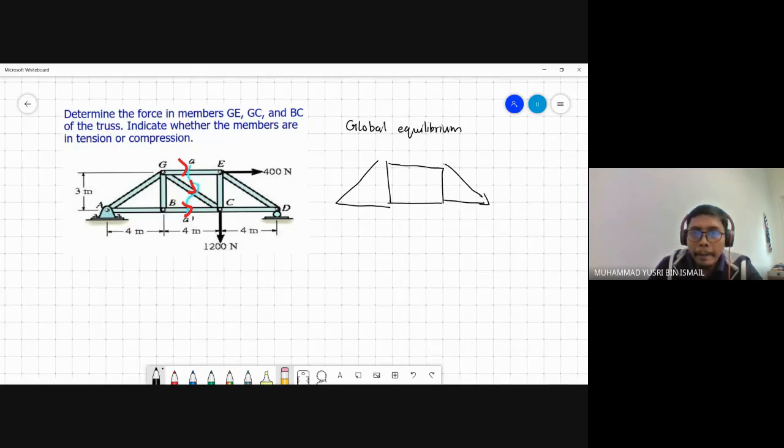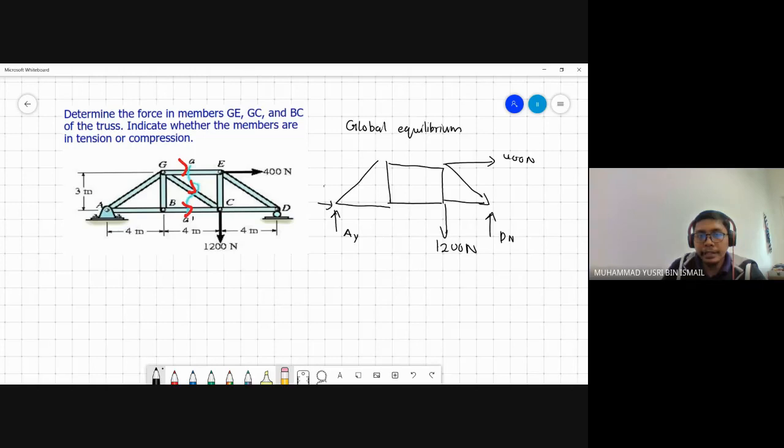It's 400 Newton, 1,200 Newton. Then this is normal, DN. Then AY and AX.